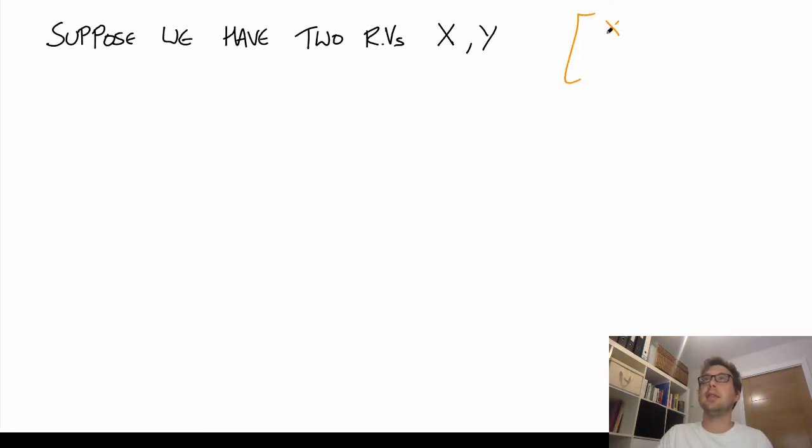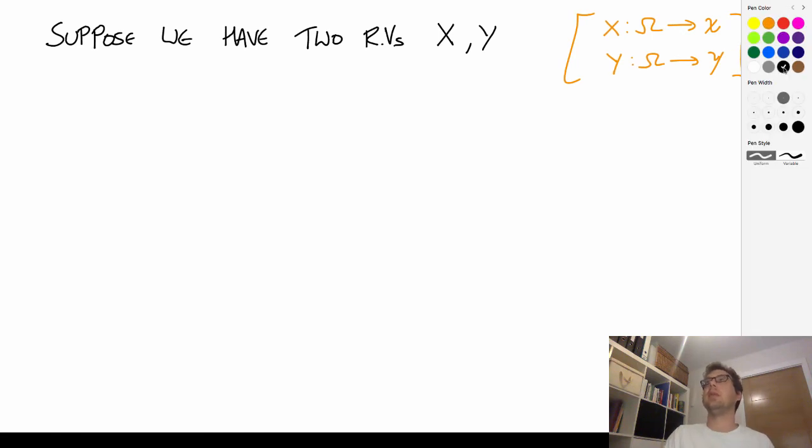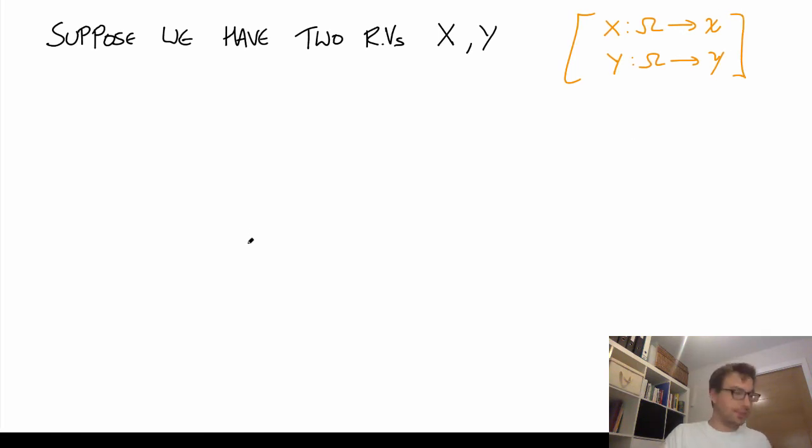So X here is a function from our sample space to some range of values, which is some subset of the real numbers, and Y is going to be some function from our sample space to some appropriate set Y, some discrete set Y. Now we can define the joint probability distribution of X and Y.